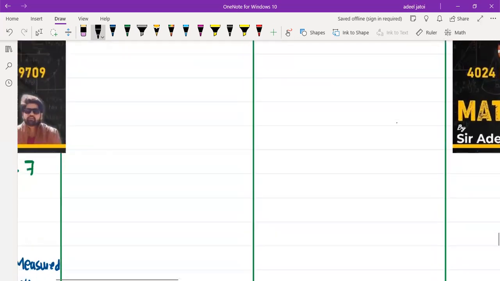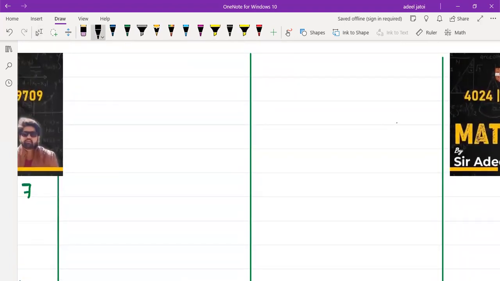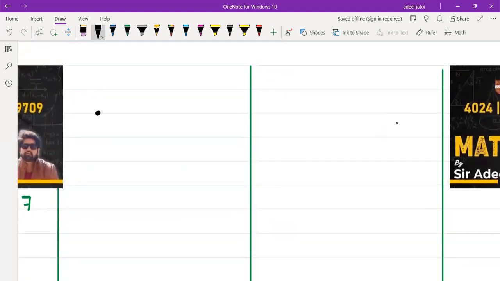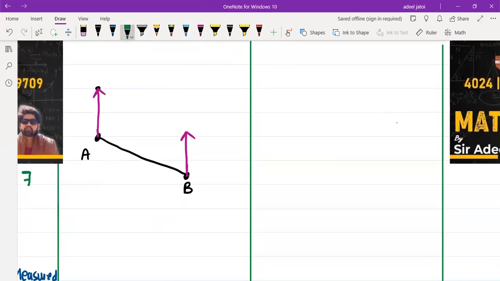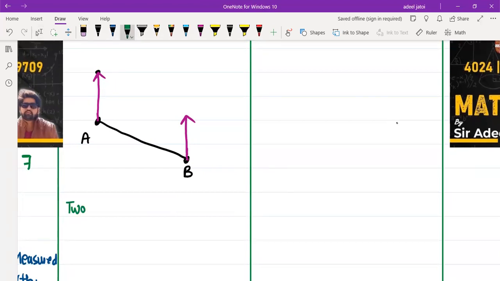Considering that there can be two north as well. Let's say there are two points, point A and point B, and one north can be on point A and the other north can be on point B. Now when you have two points, there can be two north, and remember this, that two north or more can be linked to parallel lines.